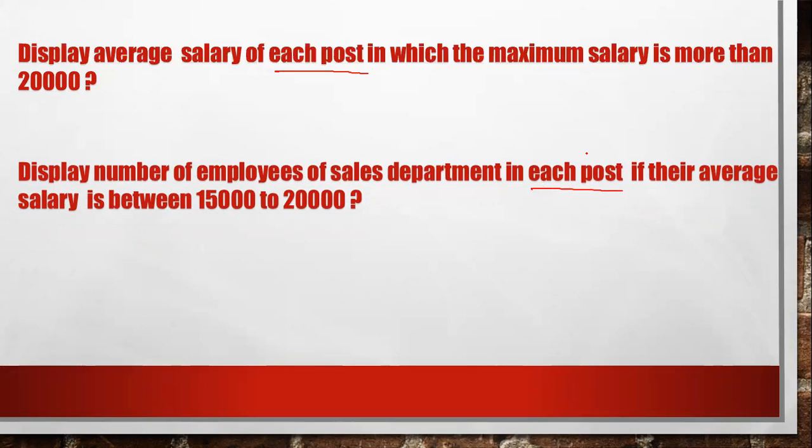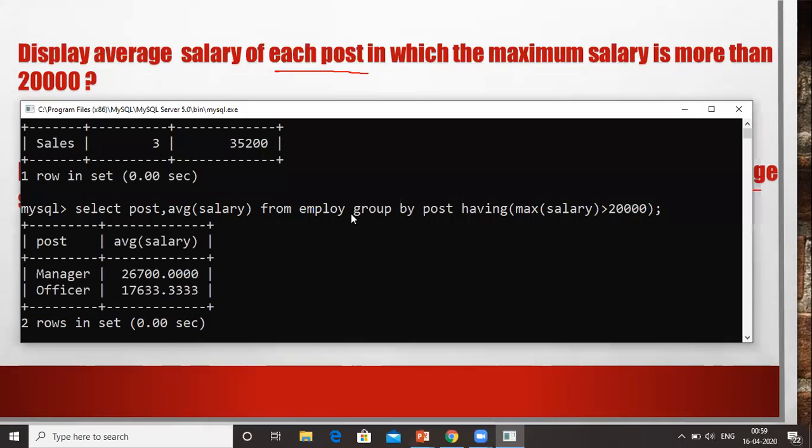So we understand that we have to apply group by on the post. But there is one more condition given: if their average salary is between 15,000 to 20,000. Okay, so let's perform this query.